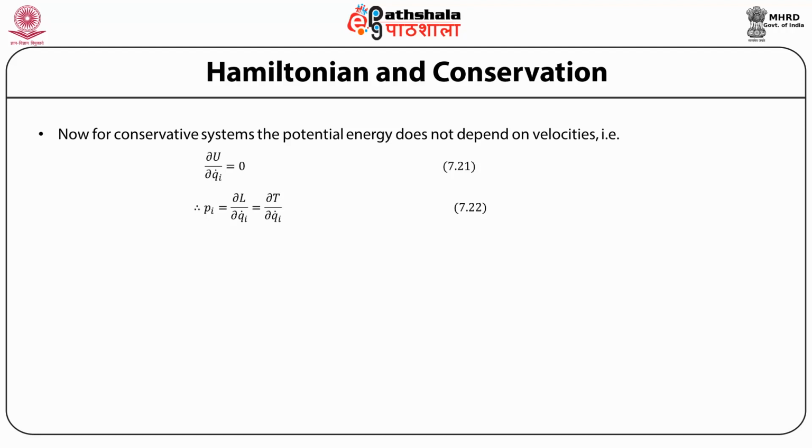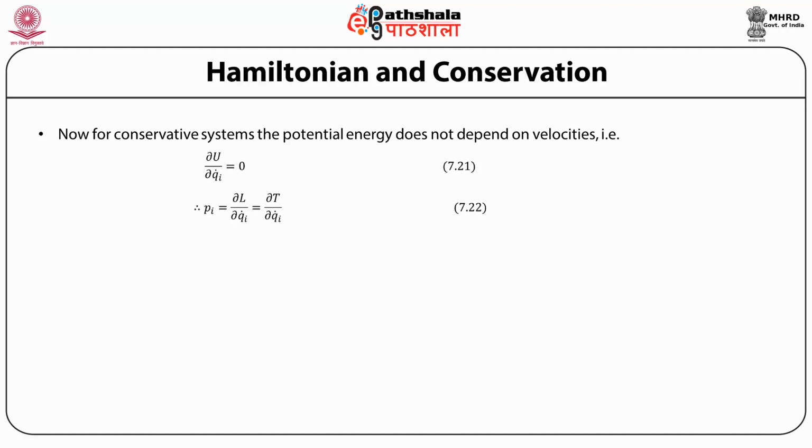Therefore, the conjugate momenta Pi, which is defined as dL by dqi dot, depends only on the kinetic energy, which is a quadratic function of generalized velocities, and the potential energy does not depend on the velocities for a conservative system.